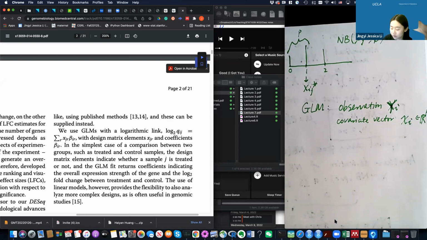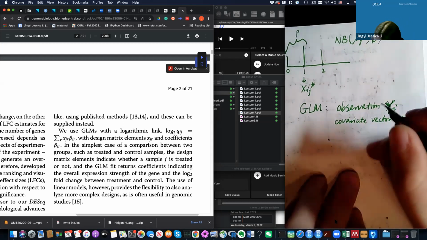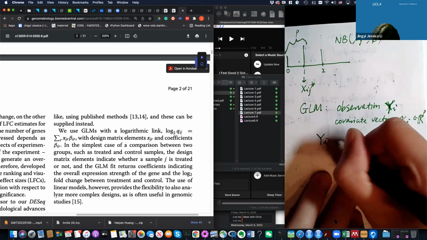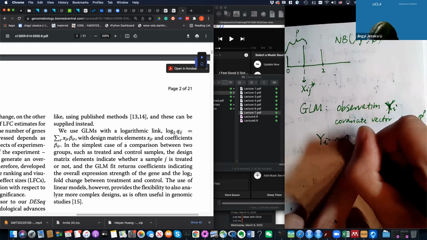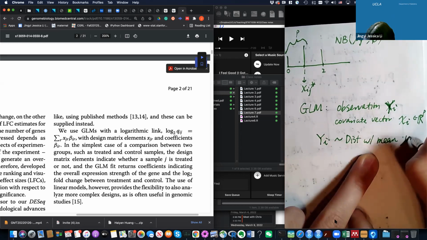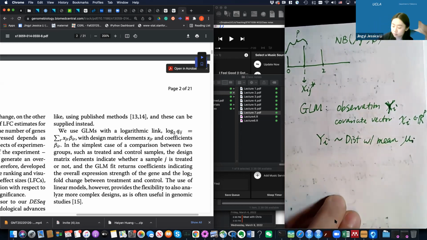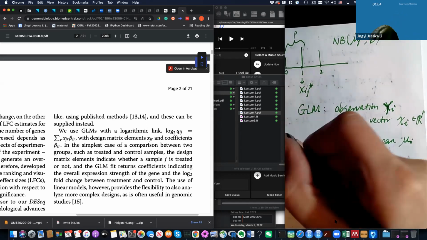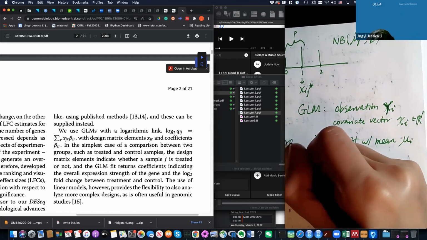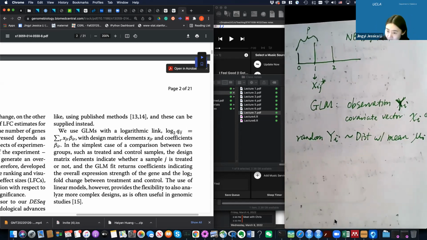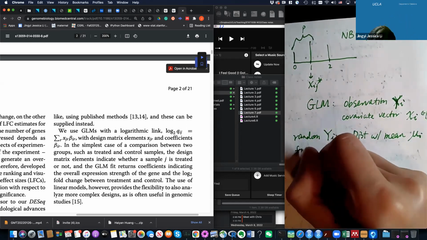Okay, so the GLM is basically saying that I assume my yi follows some distribution with mean mu i. By the way, yi and mu i are both scalars, so they are not vectors. This is what we call in the GLM the random part, that explains the randomness in your observation. And also we have a fixed part.